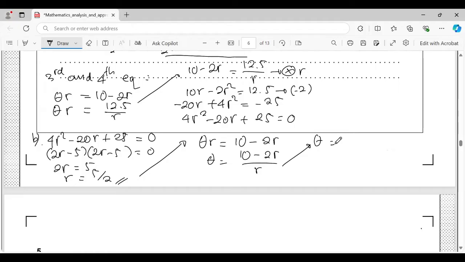Theta equals 10 minus 2 times 5 over 2, over 5 over 2. If you calculate, the result is 2. So r equals 5 over 2, and theta equals 2.